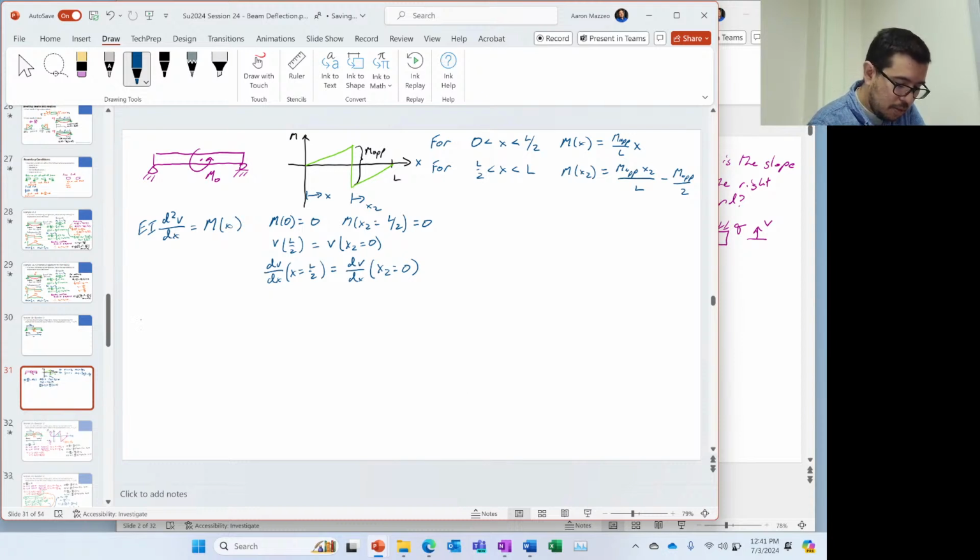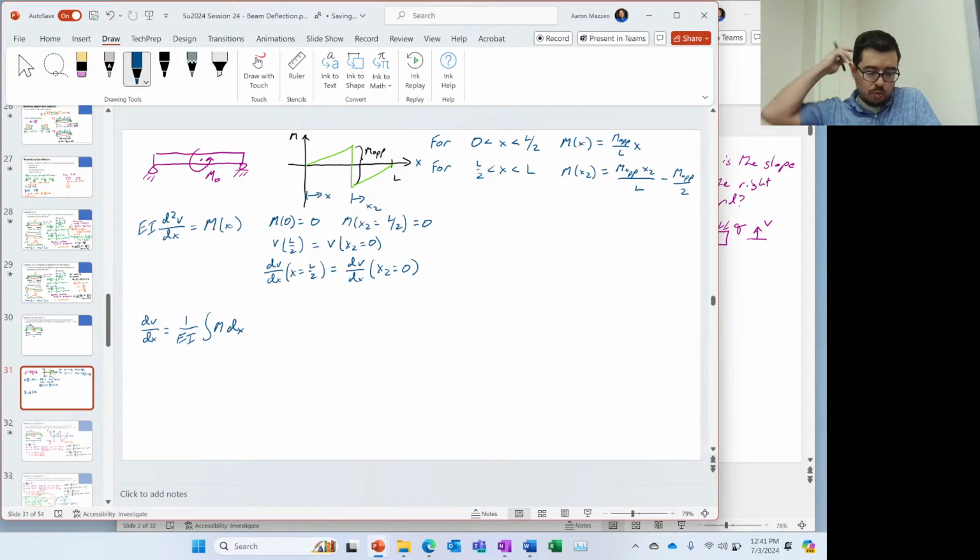So here we go. We have dv dx is equal to 1 over EI, okay? And it's going to be the integral of the moment. Okay, so we're going to have two equations that we're doing this for. We're going to have the left one and the right one.